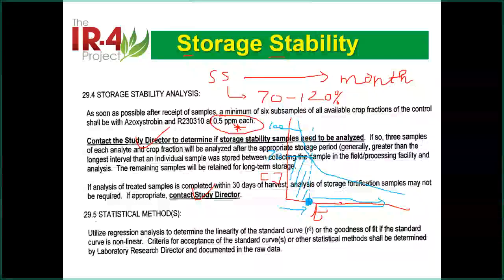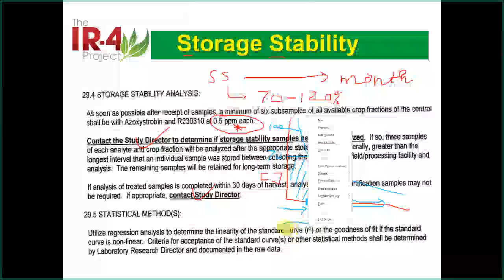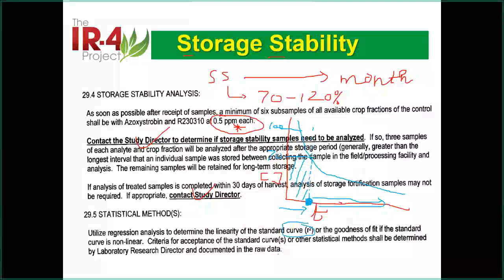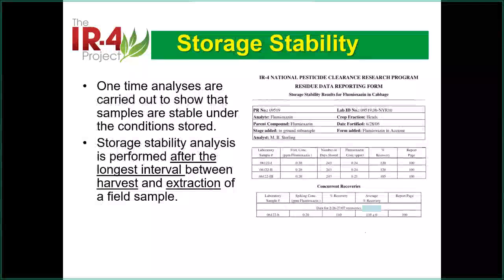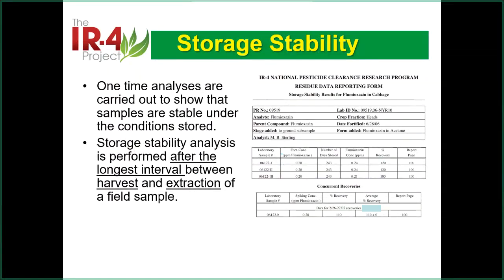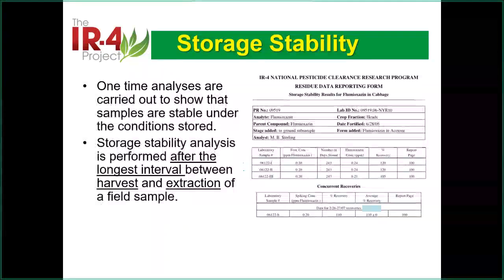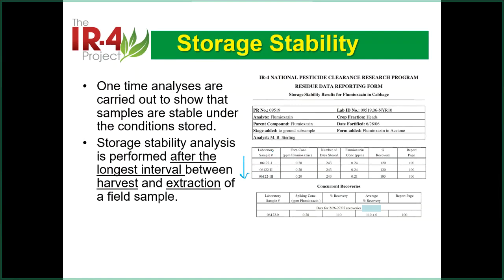Okay, now there's a lot of other things you have to do: calculate the R squared value and meet your criteria, which we just mentioned. So that's fine. For the storage, we have exactly the same idea, and it should always be in triplicate down here. Okay, you cannot just analyze one or two.